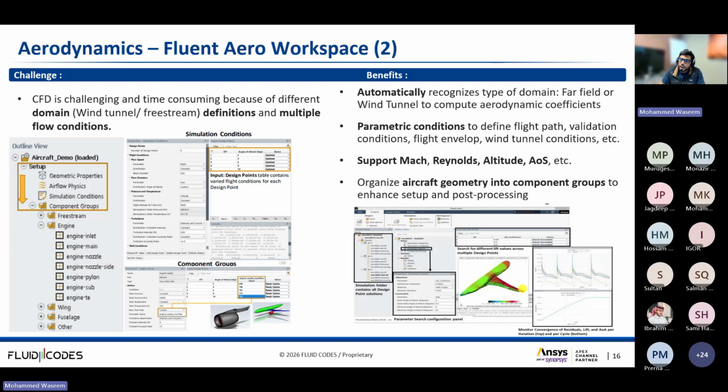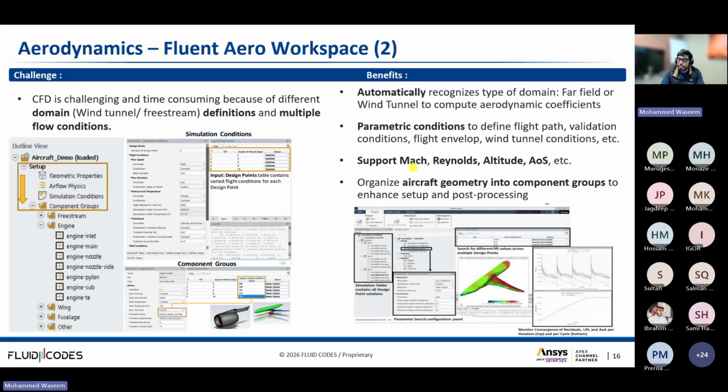So as the first workspace, it automatically recognizes the domain, whether it is far field or wind tunnel. So you can compute all those aerodynamic coefficients correctly. Second, it also supports the parametric conditions so that you define your full case matrix such as Mach number, Reynolds number, altitude, and so on for different flight path validations.